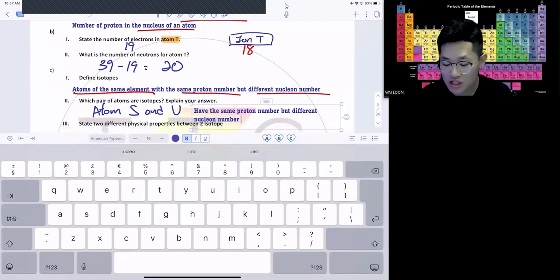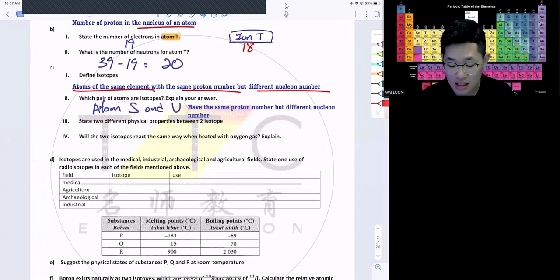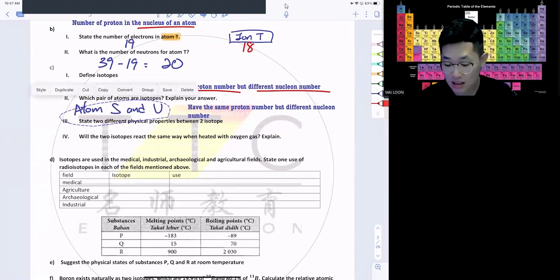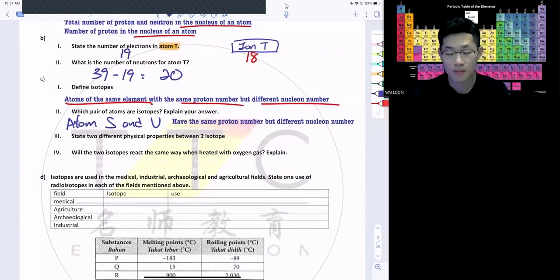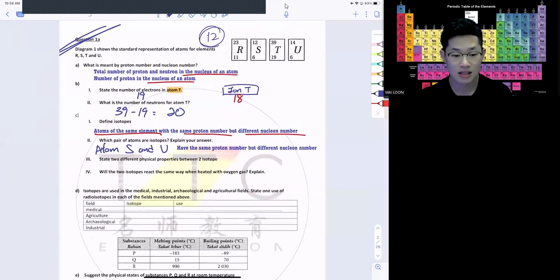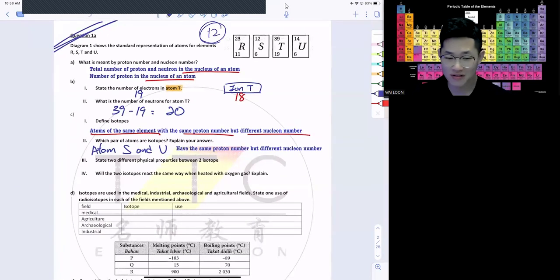So we use the definition to explain this. Same proton number but different nucleon number. Or you can say have the same number of protons but different number of neutrons.